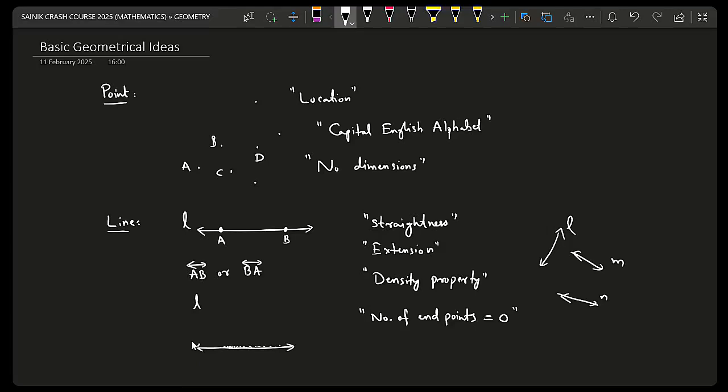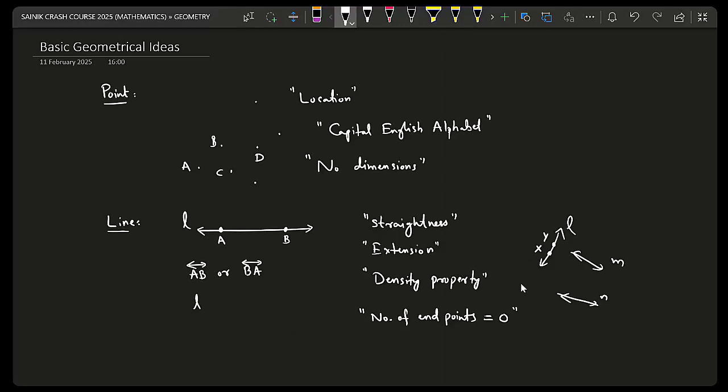That means on the line, how many points are there? Sir, infinity. Infinitely many, right? Now you take any 2 points, even very close ones. Let's take a point here and call it X, and a point here and call it Y. Between X and Y, how many points are there on the line?